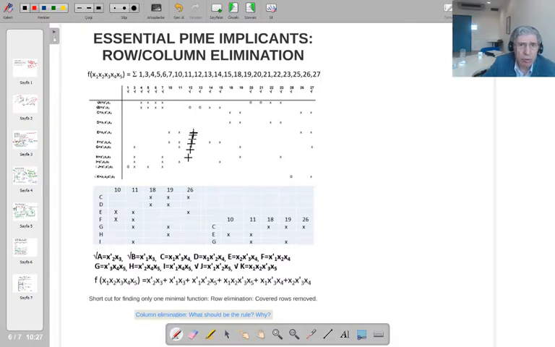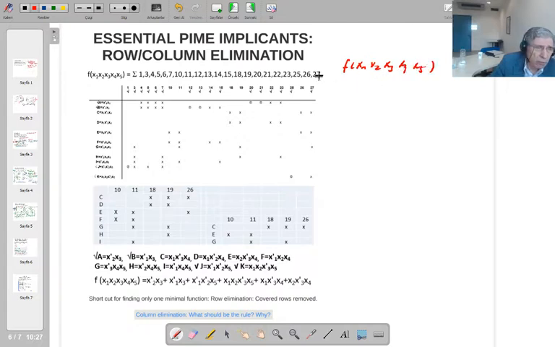In this example, this is a 5 variable function. The example function that we used previously is not the same as this one. The previous one has got 4 independent variables. This one has got 5 independent variables. So it says a function like that: x1, x2, x3, x4, x5.